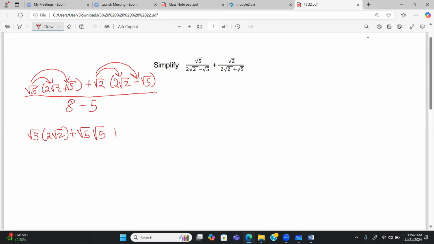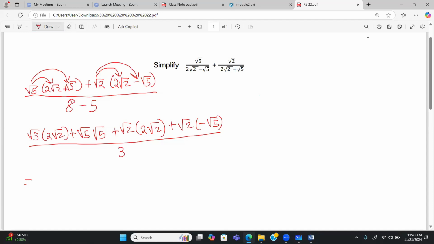In the next part, I'm going to have plus square root of 2 times 2 square root 2, and also square root of 2 times negative root 5. All of this can now be placed over 8 minus 5. We could call that 3.